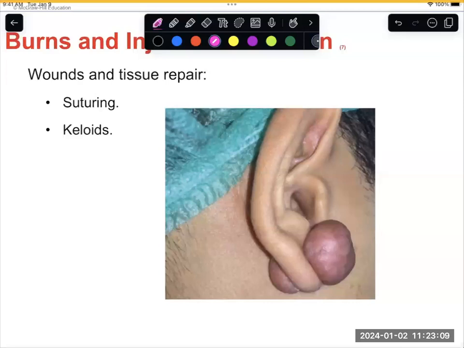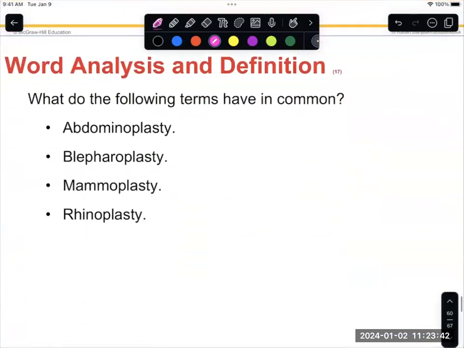A keloid, this picture right here, is excessive fibrous or scar tissue forming outside of that wound. It causes that raised scar, and it can have a kind of lumpy or bumpy appearance. This is excessive scar tissue forming, possibly from an ear piercing. That's just my guess from the picture and location.